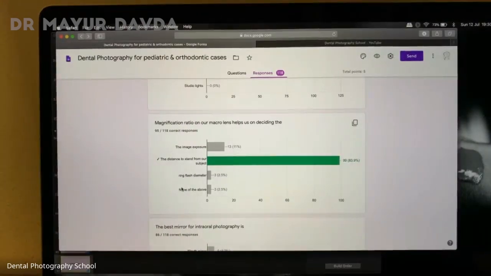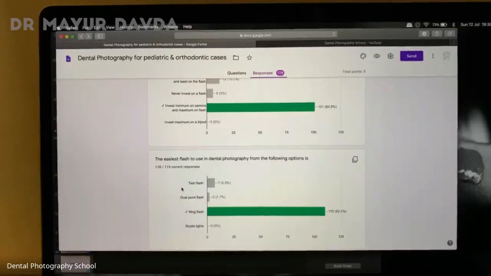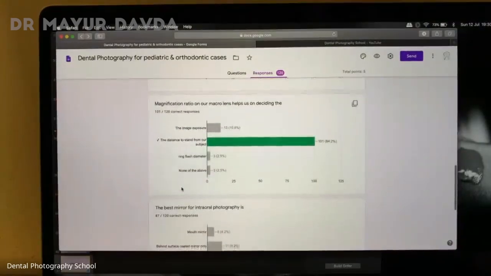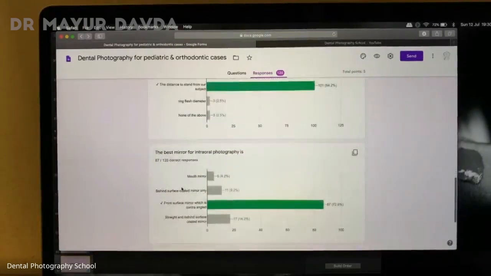That's exactly the role of magnification ratio in dental photography. It locks your distance. If you go closer than that, then the lens will not focus. If you go farther away from that point, it will not focus. So the most important use of magnification ratio is to fix the distance to stand from your subject.